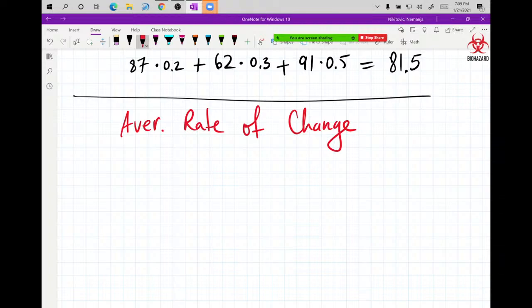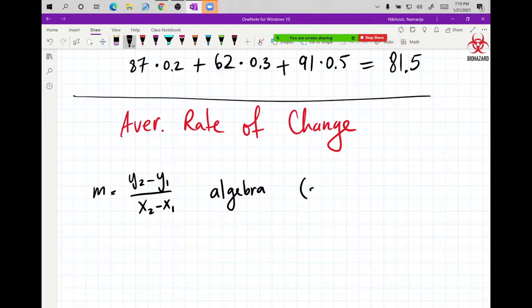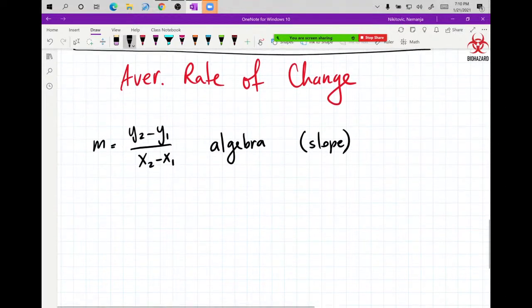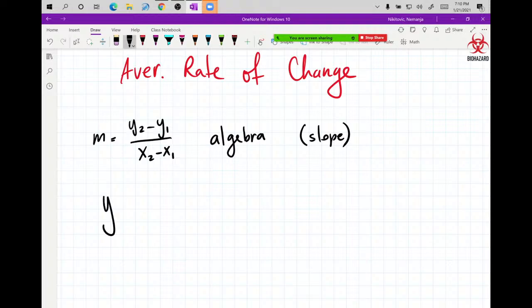So your slope m was y2 minus y1 over x2 minus x1. That's your algebra slope. Now in pre-calculus, we learned that y is equal to f of x.